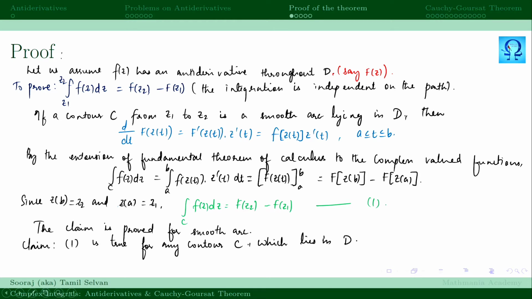We are not going away from the domain. Inside the domain we are going to identify a contour which can be any contour in general.